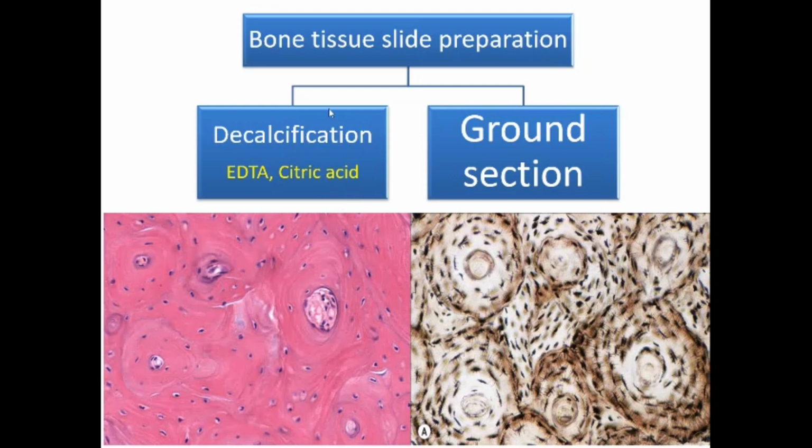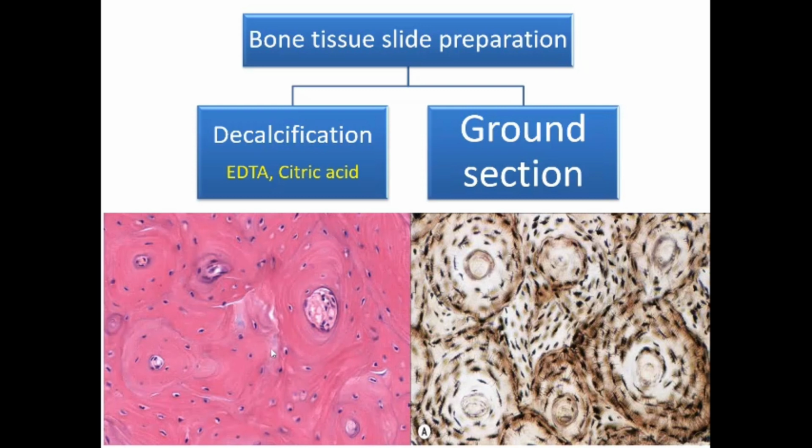By this method, we remove the mineral part of the matrix, so the remaining part is like other connective tissue, flexible and pliable. We can cut it into a very thin layer, and after staining you can see the details of the bone in that section, the cells and the matrix.